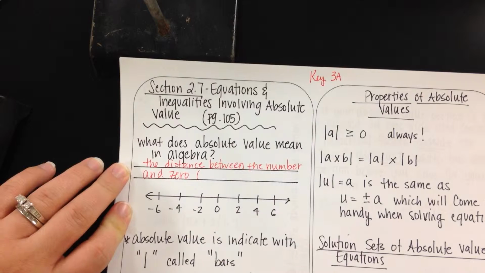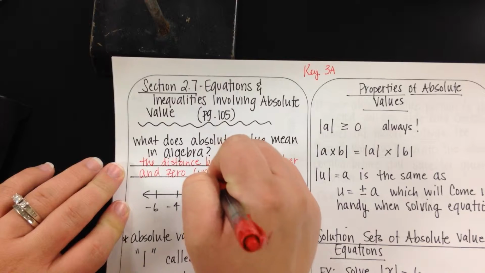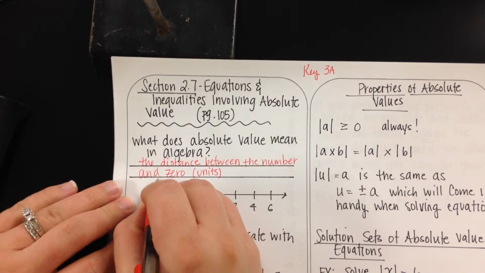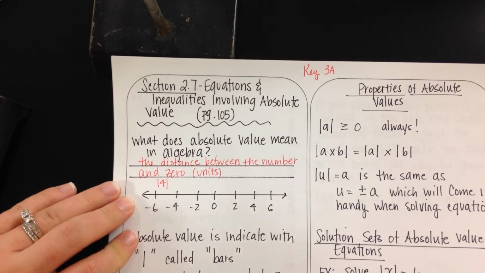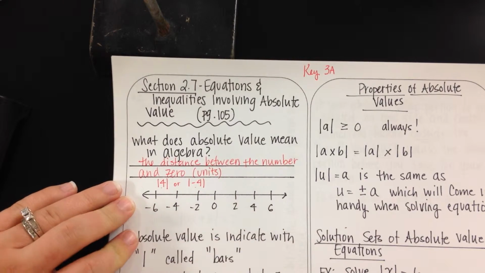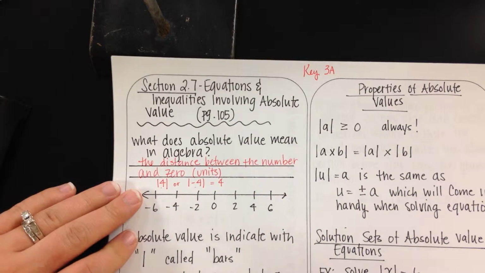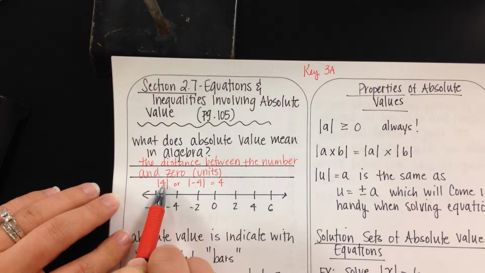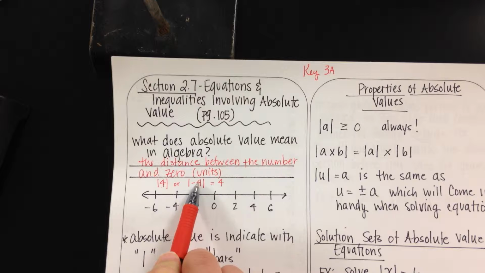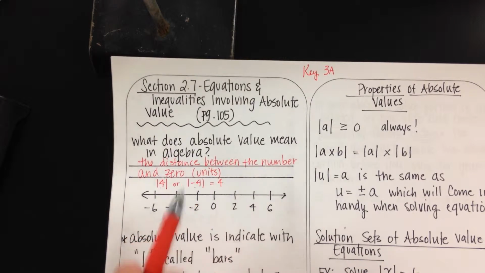Now, in this class, you're going to hear me refer a lot to the word units. I'm going to say units instead of an actual number. So, for example, if I give you the absolute value of 4, or the absolute value of -4, both answers are going to equal a positive 4, because this is saying 4 units away from 0, and even though this is -4, when we take the absolute value bars away and translate it mathematically, it's still 4 units away.